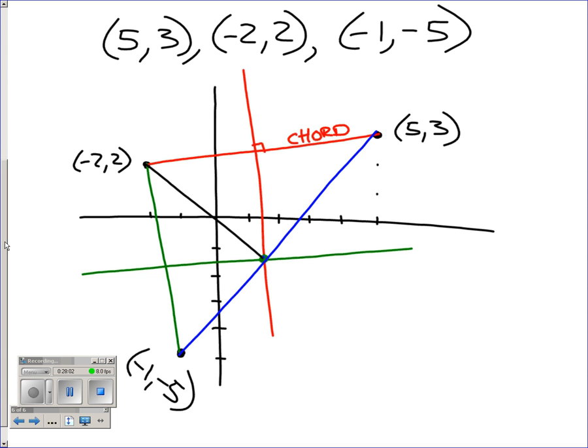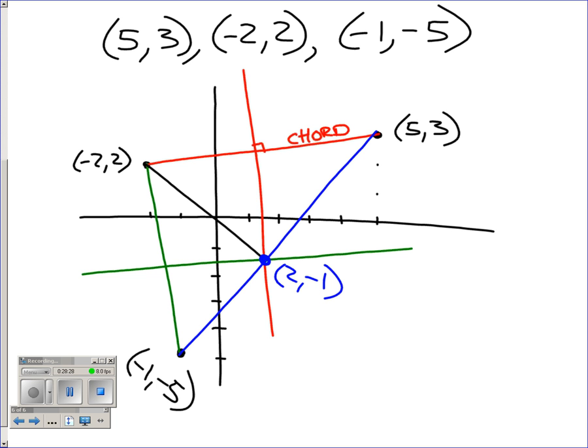If you'll notice, the center of the circle that they have is 2, negative 1, all right? So they're telling us that this point is at 2, negative 1. Now, even with a diagram this bad, if this had been on graph paper and actually done nicely, you'd see it's right at 2, negative 1, all right?